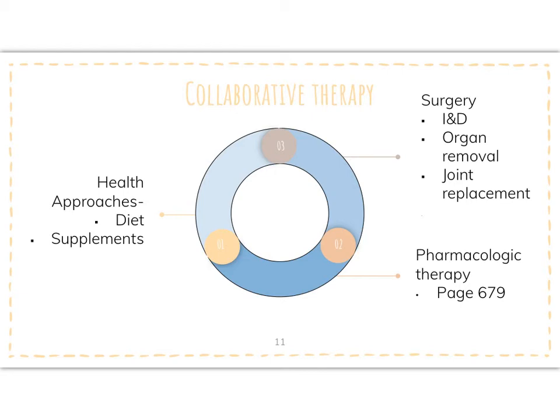It's possible that we could have someone who has appendicitis or cholelithiasis or cholecystitis, and they would need to have their appendix or their gallbladder removed, and that's what organ removal is. It could mean that someone, for instance, with an autoimmune disorder that has that chronic inflammatory process going on could require a joint replacement. And these are just a few of the many types of surgeries a patient might have to have related to the concept of inflammation.